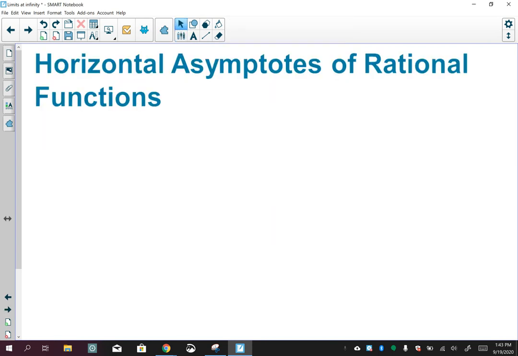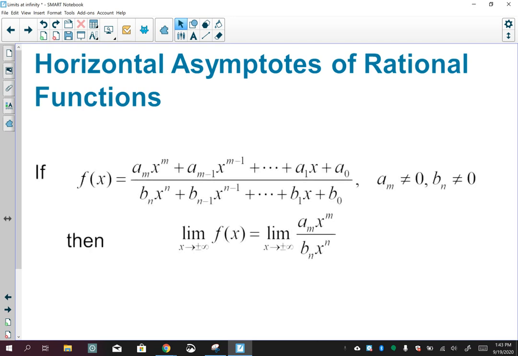So what we're going to do, we're going to focus on rational functions, because that tends to be where a lot of your horizontal asymptotes are at, in your rational functions. Now, I know this looks a lot scarier than what it really is. But what you're focusing on is that you have basically a polynomial over a polynomial. What's nice about horizontal asymptotes is that we don't care about all of this back here.